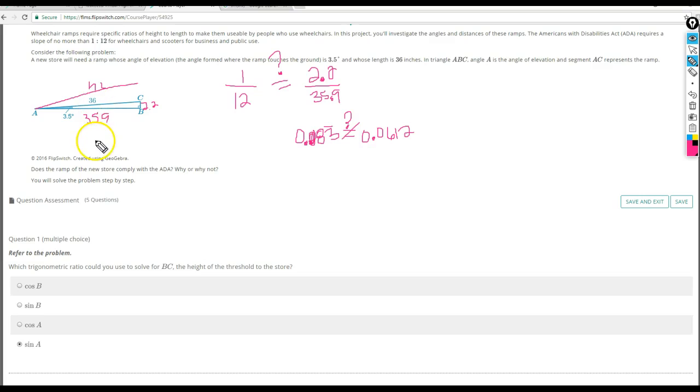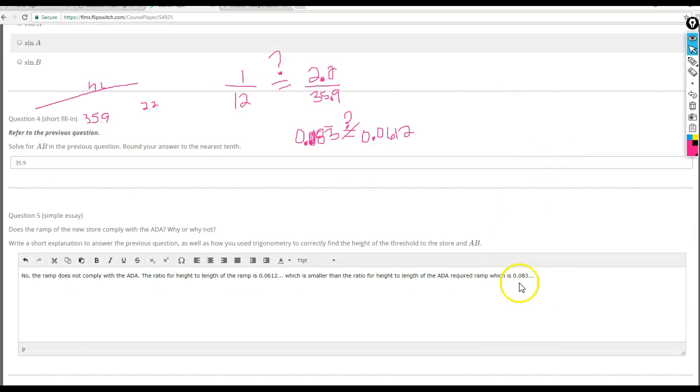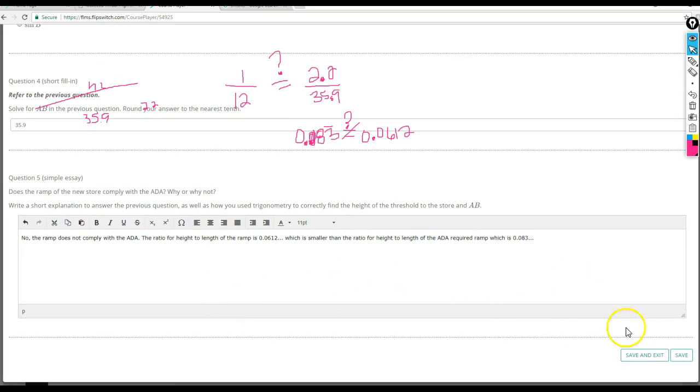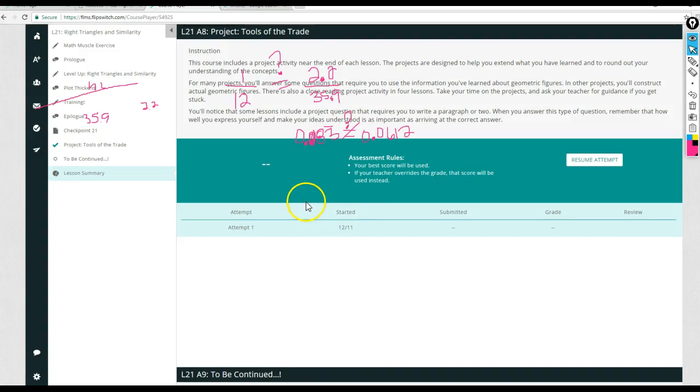This one is too shallow, so it needs to be increased just a little bit, since these two numbers are really close. So there is our explanation for if the ramp complies or not. And we're going to save and exit, and we'll see you in the next project part.